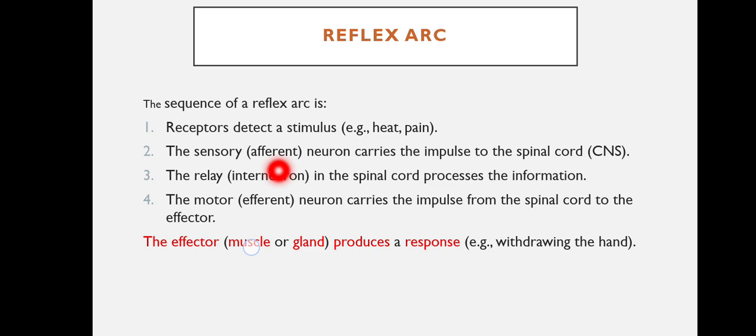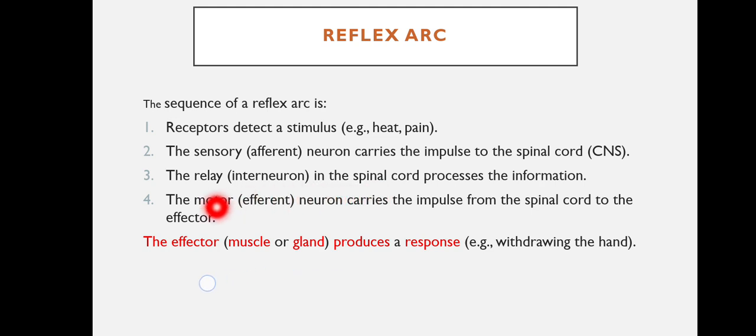Now, after this information has been sent to the spinal cord, a relay neuron is going to intervene. This interneuron, or relay neuron, in the spinal cord processes the information. More like it passes the information from the central nervous system to the motor neuron.